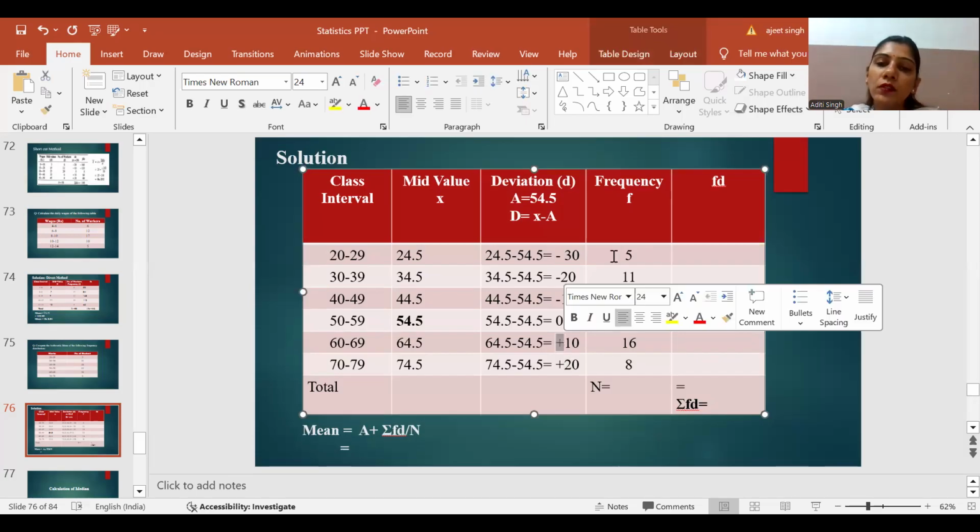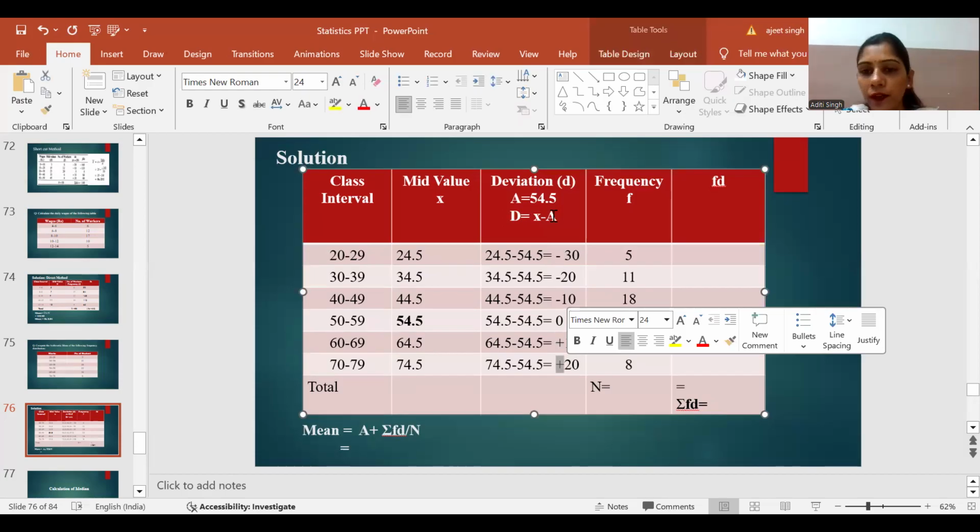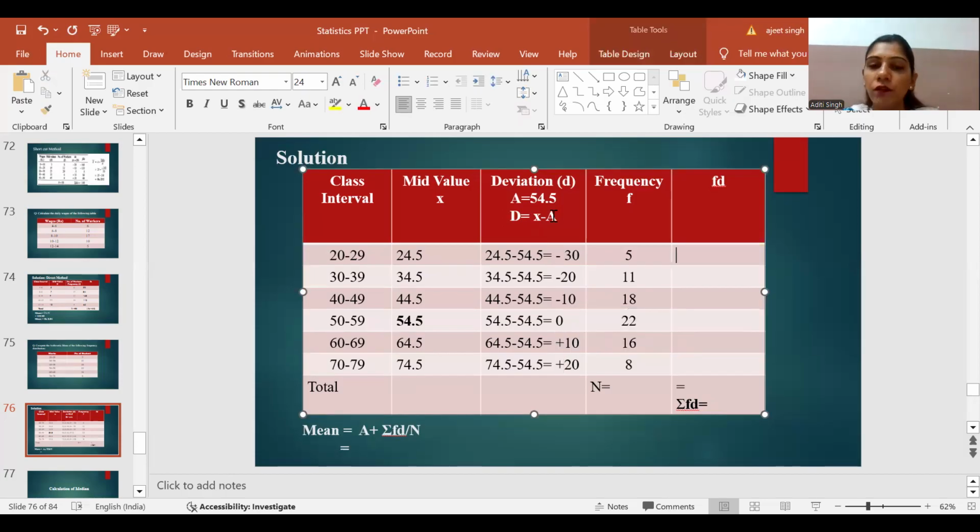So when we do this multiplication of d and f, we have to keep the sign as it is. If your value is in minus, then you have to keep that value in minus, and if your value is in plus, then you have to keep that value in plus. Okay, so now we will do the calculation of deviation d and frequency f.